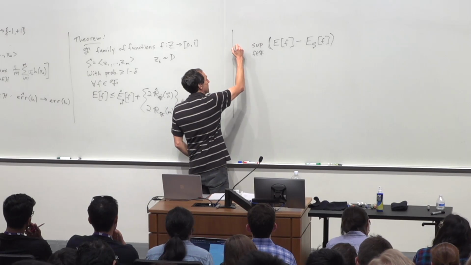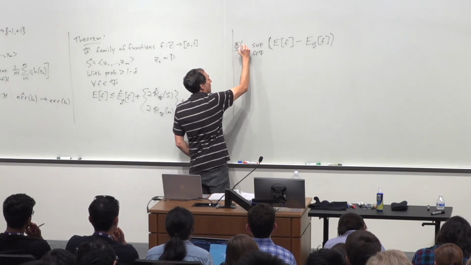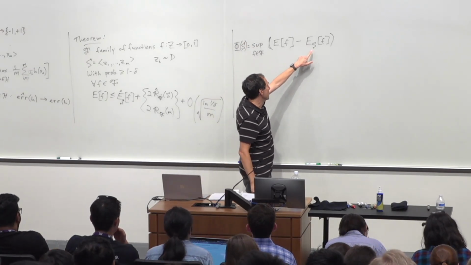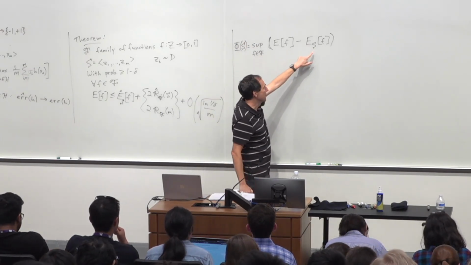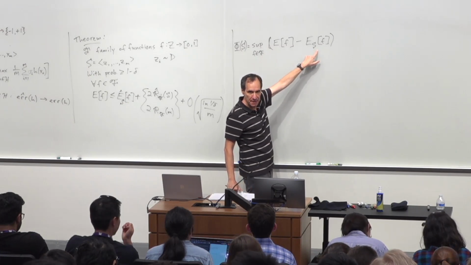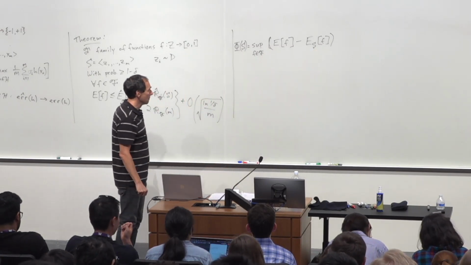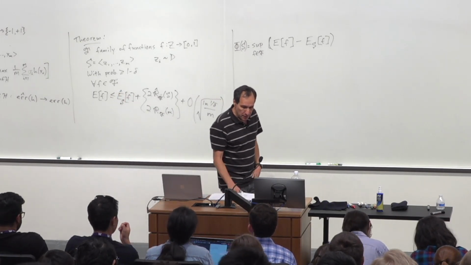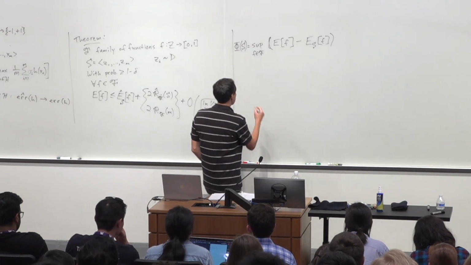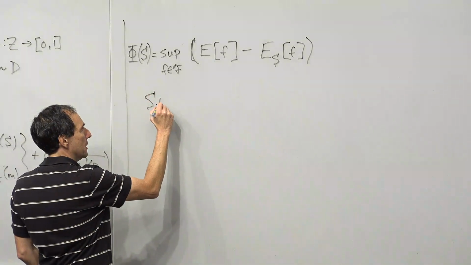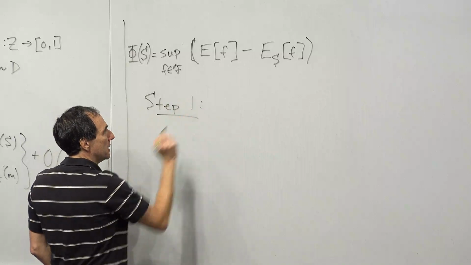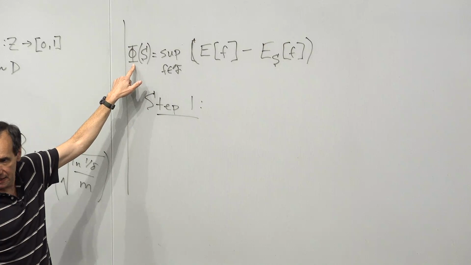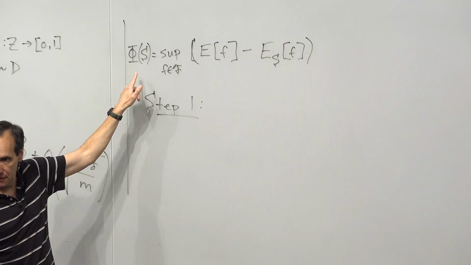So let's give a name to this. Let me call it phi of s, because it does depend on the sample s. Everything else is fixed. The functions are fixed, the function class. The only thing that's random is this sample s. So it's certainly a random variable. So the first step of the proof, so that we don't have to deal with this as a random variable, is to relate it to its expected value.